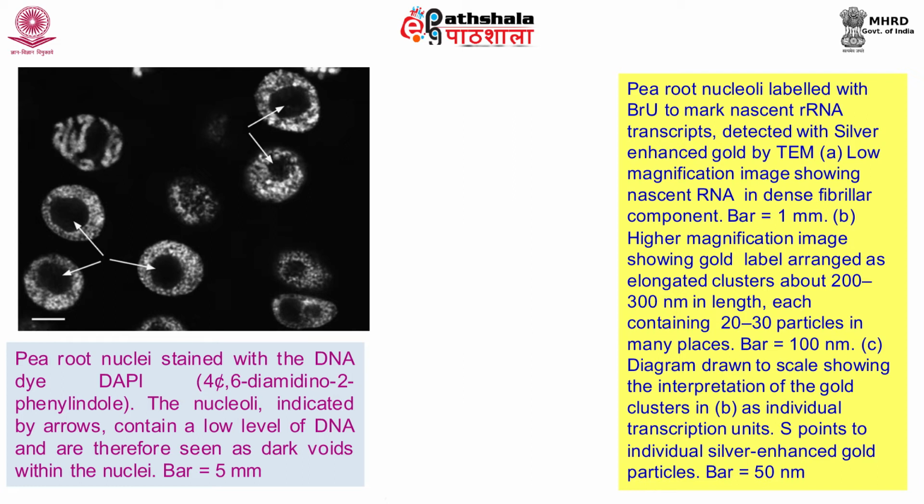The left hand side figure shows you nuclei from pea plant stained with a DNA specific dye. Nucleolus is the transcriptionally most active region of the nucleus and has relatively low concentration of DNA. So, you can see nucleoli here as dark regions that are marked by white arrows.